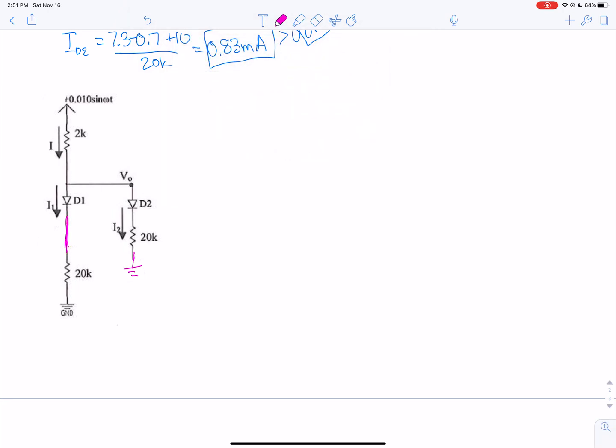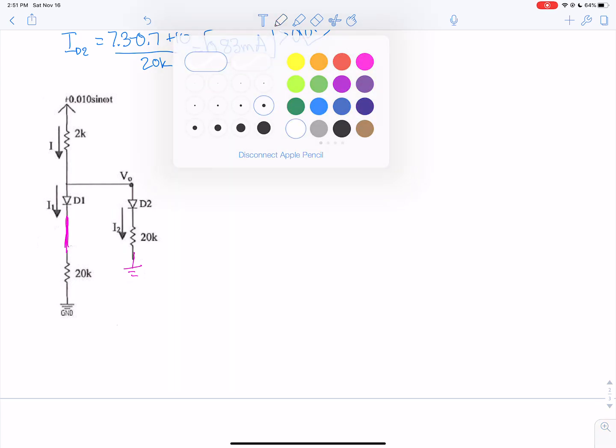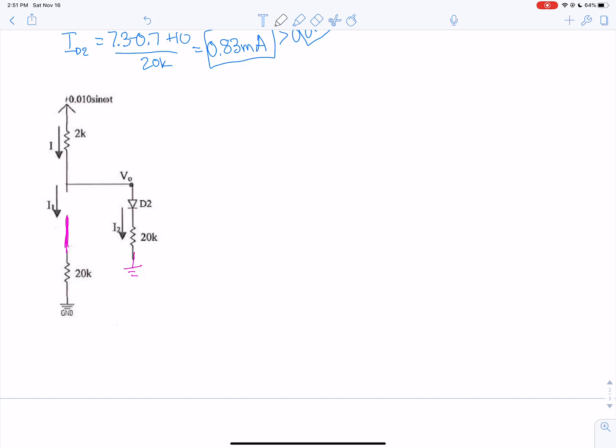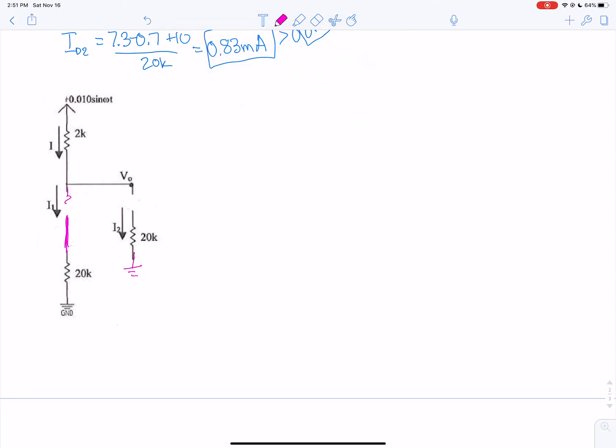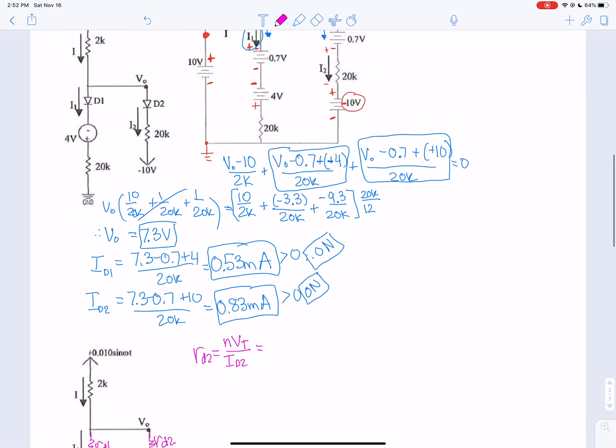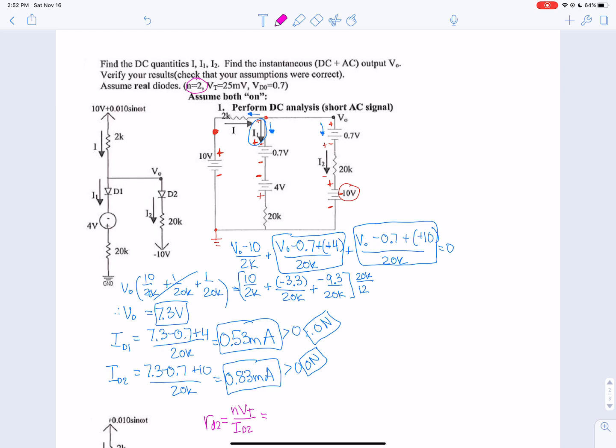Then we're going to assume both of these are on, so we're going to replace them with resistors, an RD1 for diode 1 and an RD2 for diode 2. Their values are determined by NVT over ID. For the second one, it will become ID2. Our N was given to us as 2, and VT was also given in this case as 25 milli.